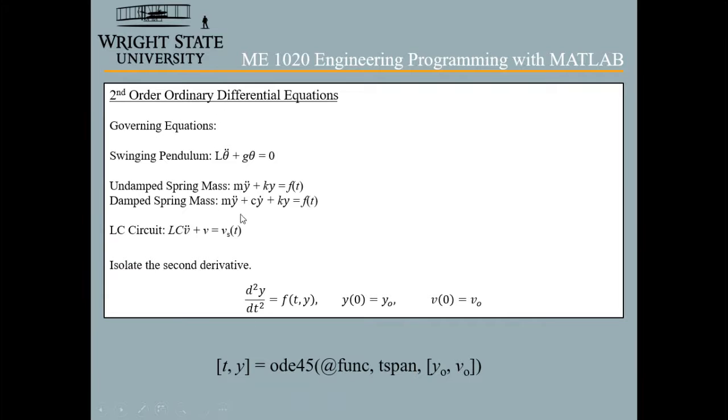The damped spring mass problem is a similar one where it goes back and forth, but the damping is this C times y dot, and what that ends up doing is it's like some sort of friction or air resistance where it'll end up oscillating less and less until it just basically stops. But that is just described by this second order differential equation here. And that's exactly what the solution ends up being.